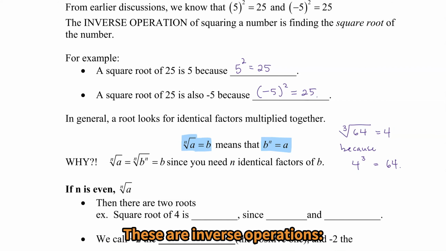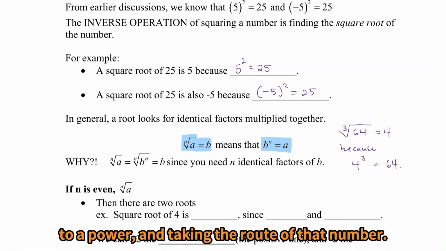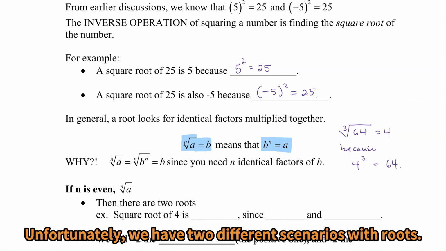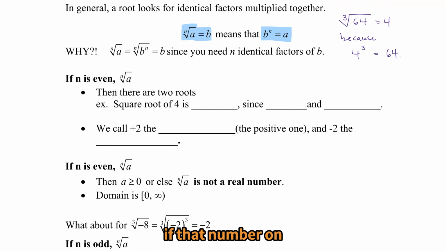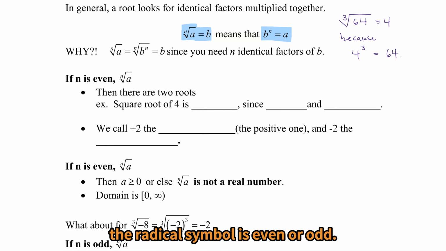These are inverse operations, raising a number to a power and taking the root of that number. Unfortunately, we have 2 different scenarios with roots. And it all depends on if that number inside the radical symbol is even or odd.